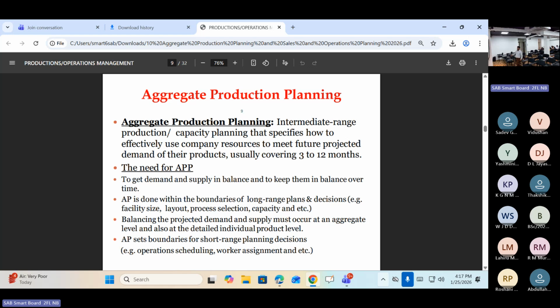Some other reasons are also mentioned here. Quickly go through the other reasons and identify why aggregate production planning is required for factories. Aggregate production is done within the boundaries of long-term plans and decisions.